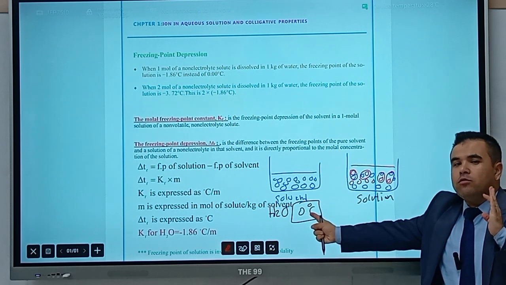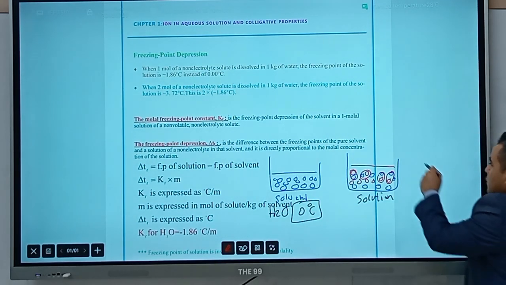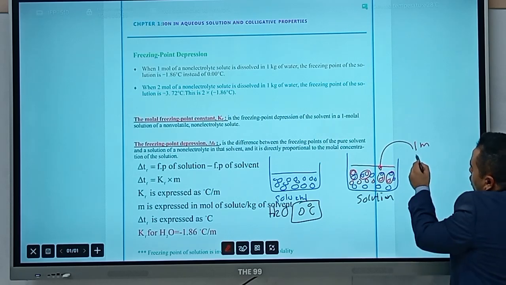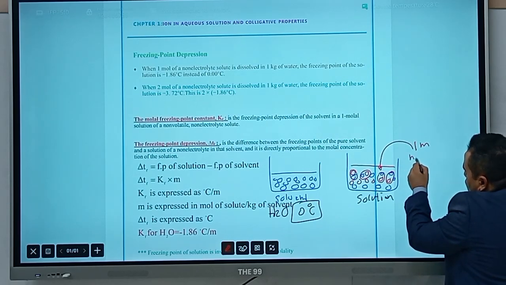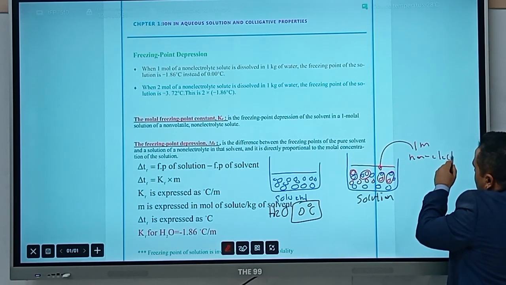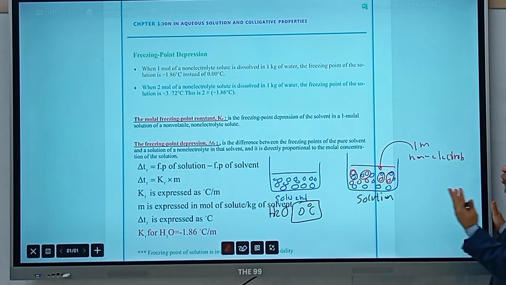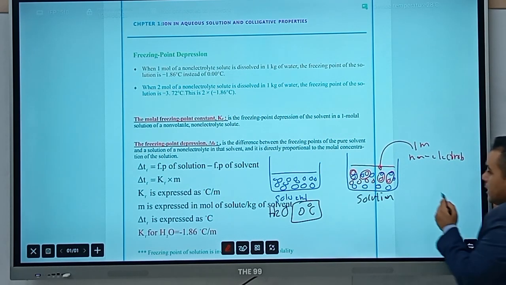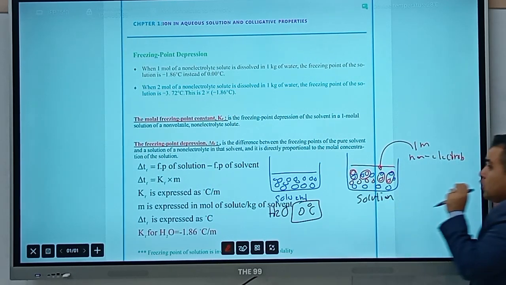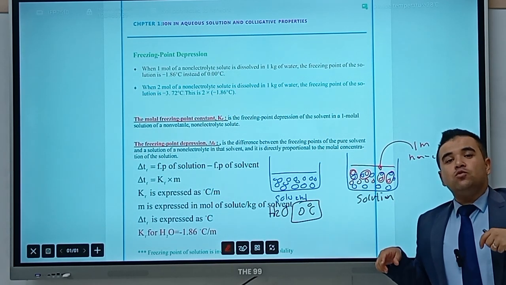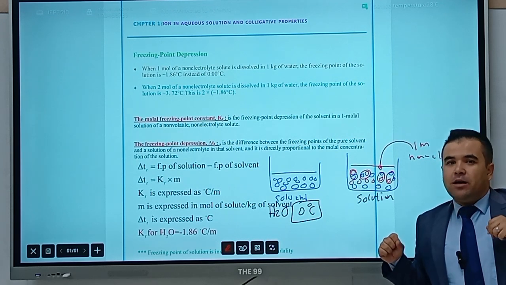The pure solvent freezes at 0 Celsius. And we have this statement: as we add 1 molarity of a non-electrolyte solute, non-electrolyte meaning sugar and alcohol, guys, it lowers the freezing point by minus 1.86 Celsius.